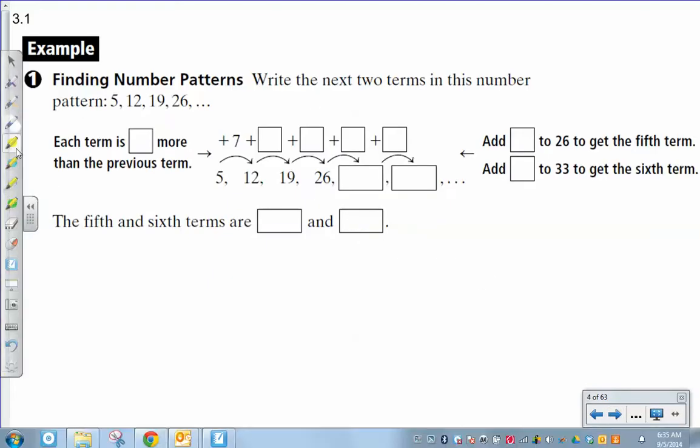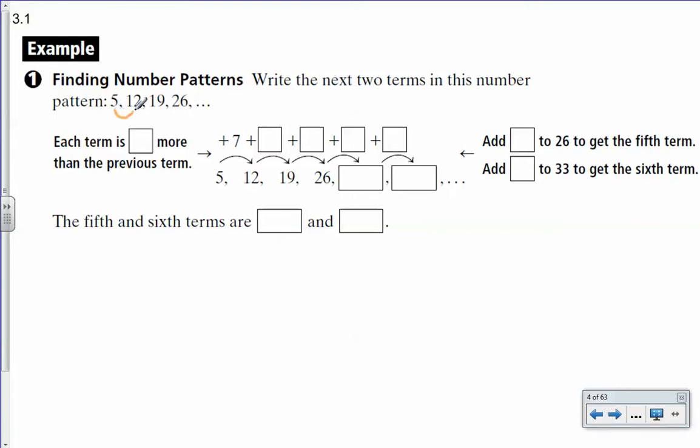The first thing we're going to do is find the number pattern. I have a pattern of 5, 12, 19, 26, and the little dots mean we're going to continue it. If I look at what's happening between the 5 and the 12, I see that I'm adding 7. Let's see if that same pattern holds true between 12 and 19.